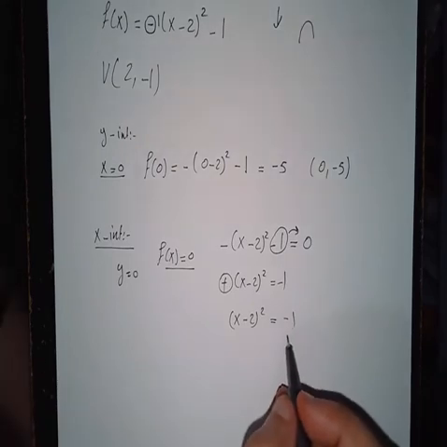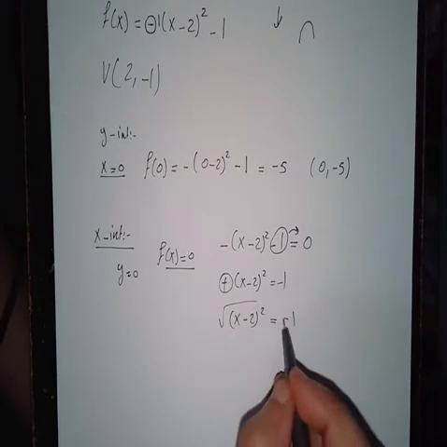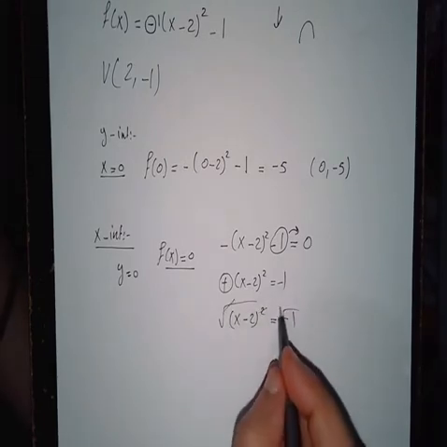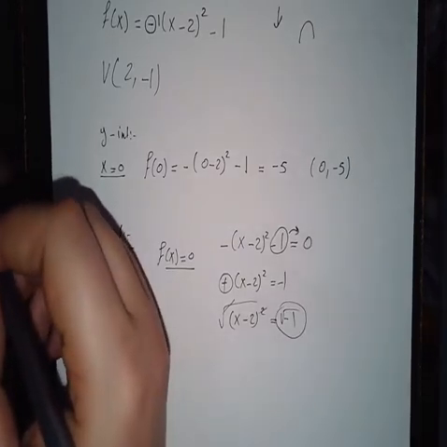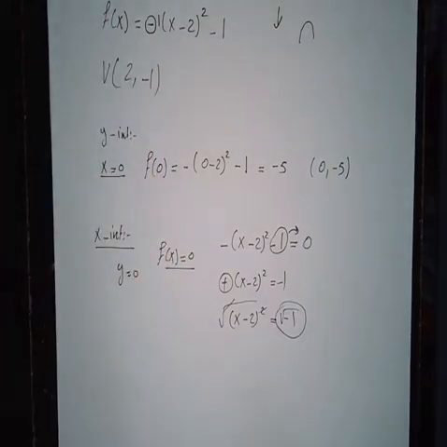Now, once we got here, what do you think we should do? Because usually I'll just take the root of both sides, cancel this, and solve from there. But we encounter a problem right here, because you can't have a negative value underneath the root without going into complex. And when we're dealing with functions, we're not using complex numbers.